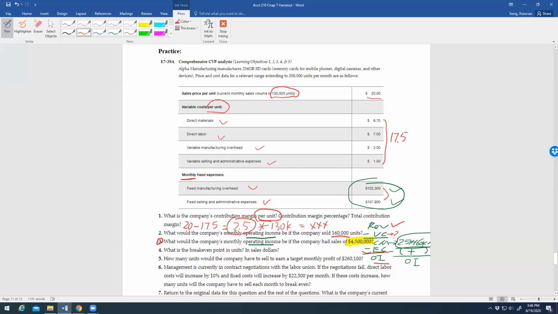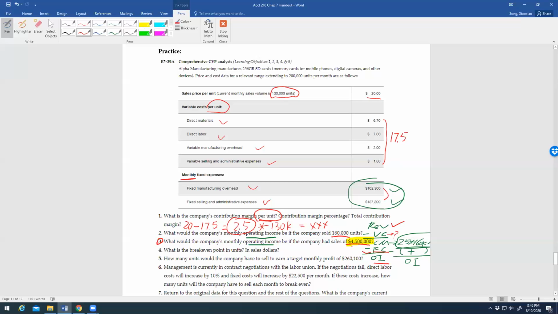Your total revenue is 4.5 million. Answer this question: each one selling price is how much? Selling price is $20. So your total revenue is 4.5 million, and each one is $20. How many units are sold?